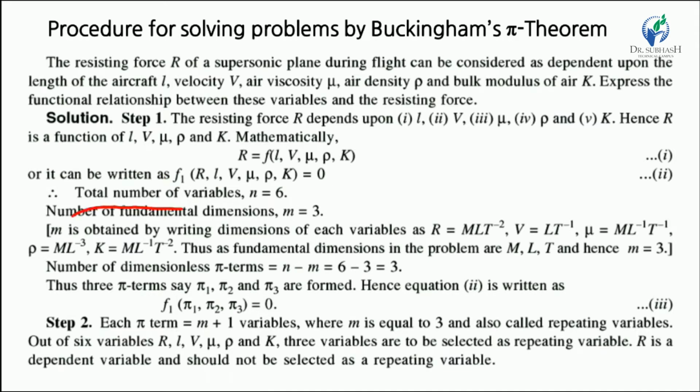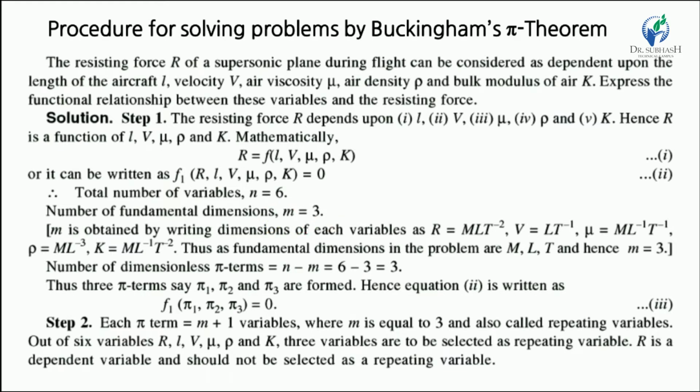Now the total number of variables we have is 6, so n, the number of variables, is 6. And the number of fundamental dimensions we have is M, L, T, so it's 3. The number of fundamental dimensions is denoted by m, so m value is 3.